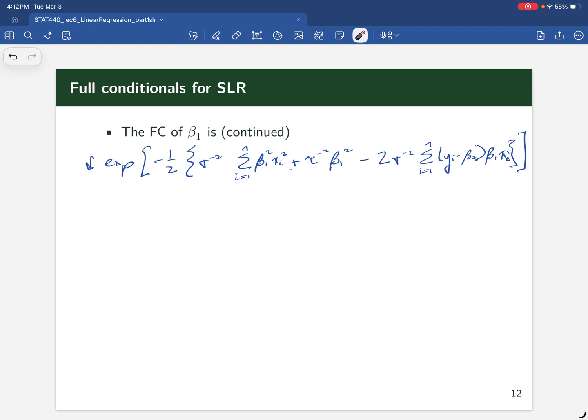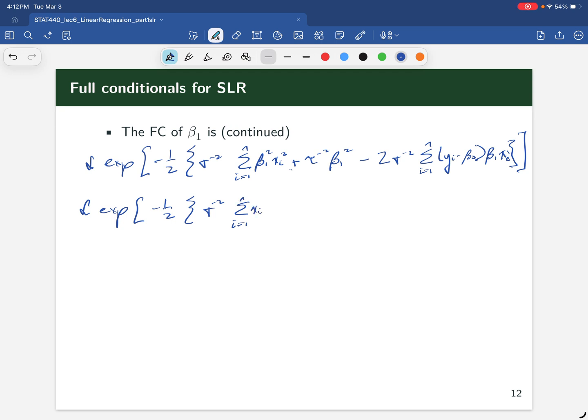Now notice, of course, beta 1 doesn't have an i in it, so I can pull it out of the sum, and I can pull it out of that term as well. And so this expression is e to the negative 1/2 sigma to the negative 2 sum i equals 1 to n xi squared plus tau to the negative 2.